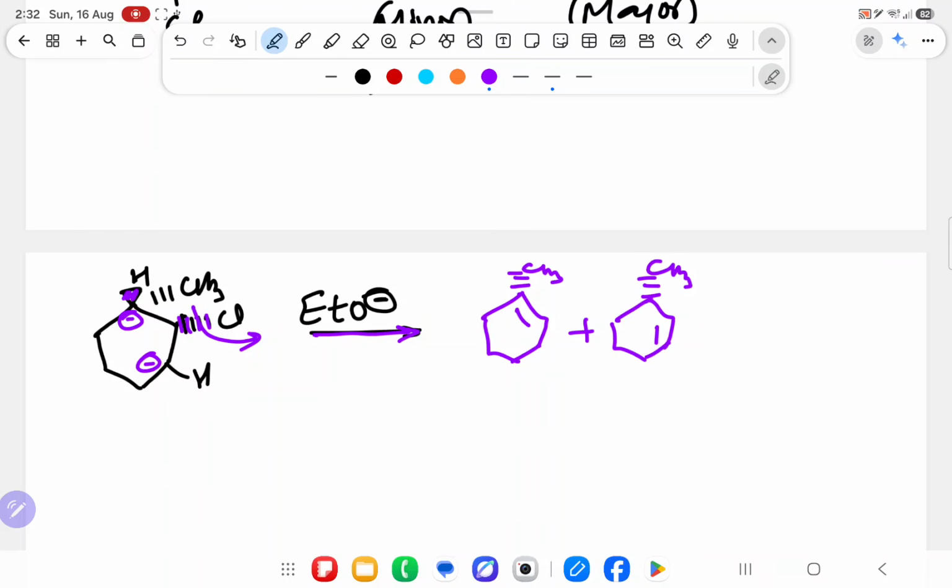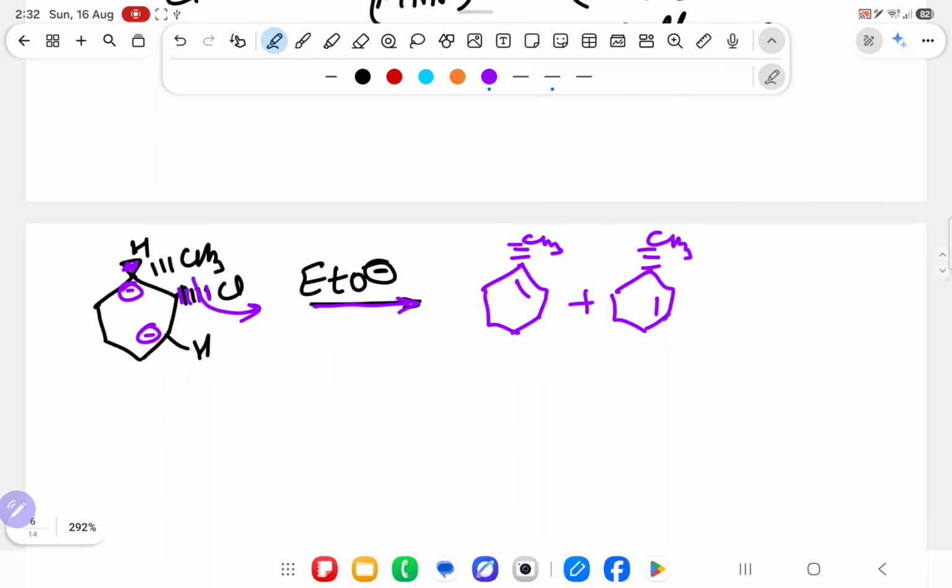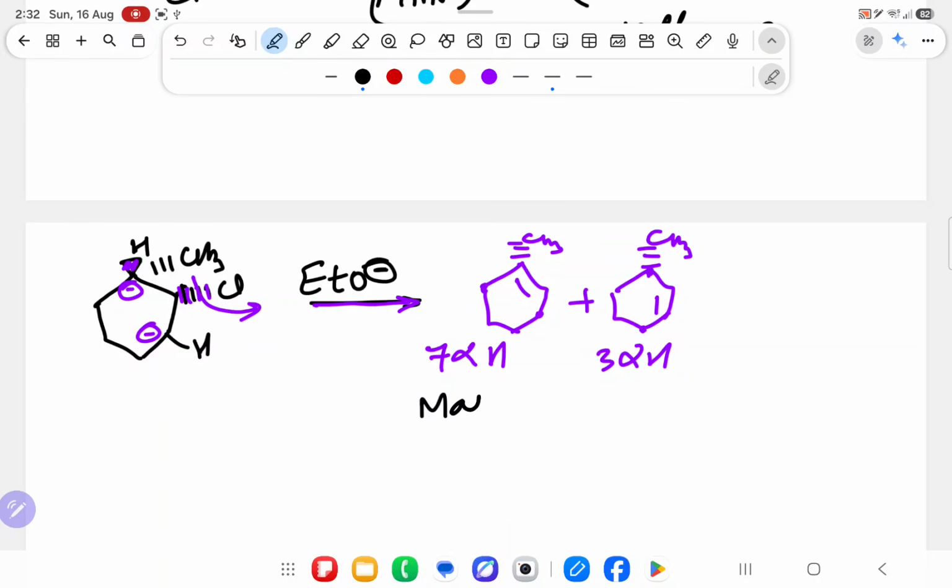Now check which one has more alpha hydrogens; that is the major product, and the one with fewer alpha hydrogens is the minor product. This one has 3, 5, 7 alpha hydrogens. This one has 1, 2, 3 alpha hydrogens. Over here, we are not going to judge on the basis of negative charge, so we will say this is the major product and this is the minor product.